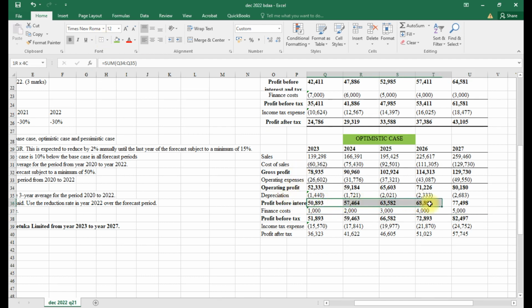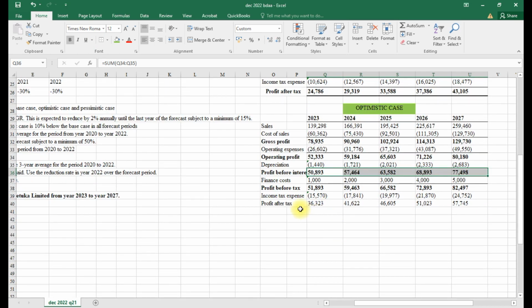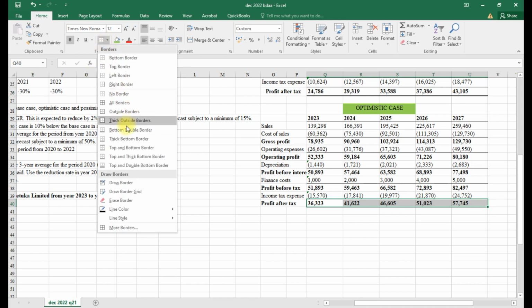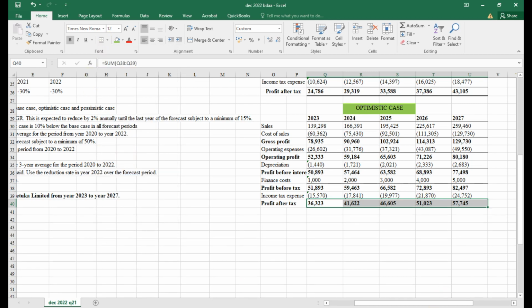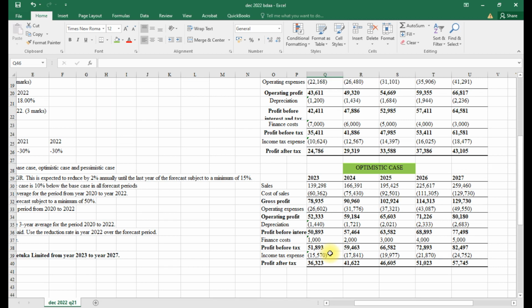This one you add the top border, then you have the profit after tax. We'll bold this and put top and bottom borders, that way. So that will be our optimistic case.